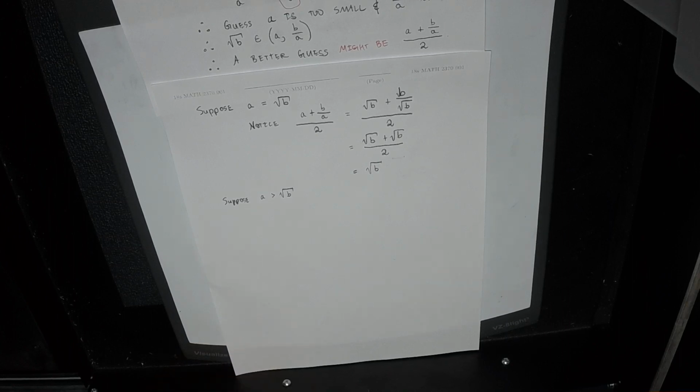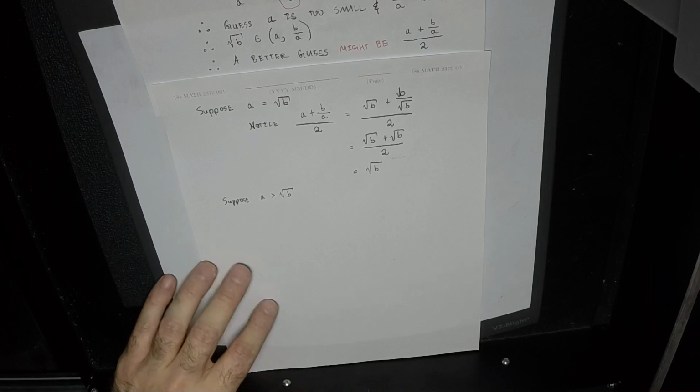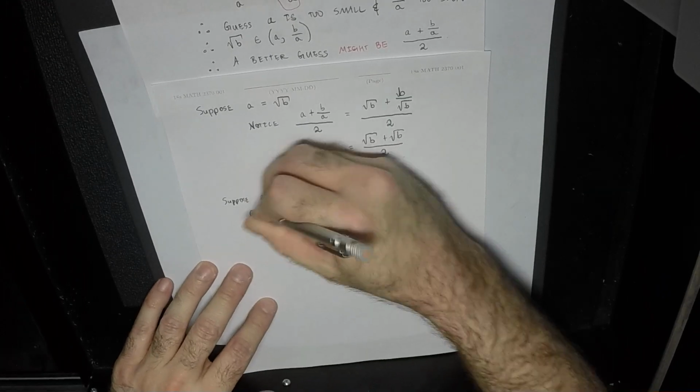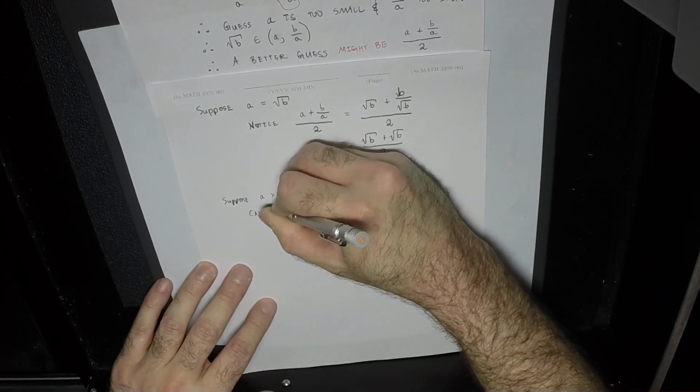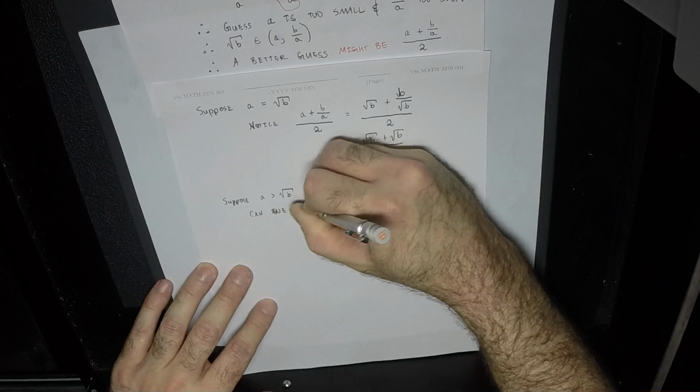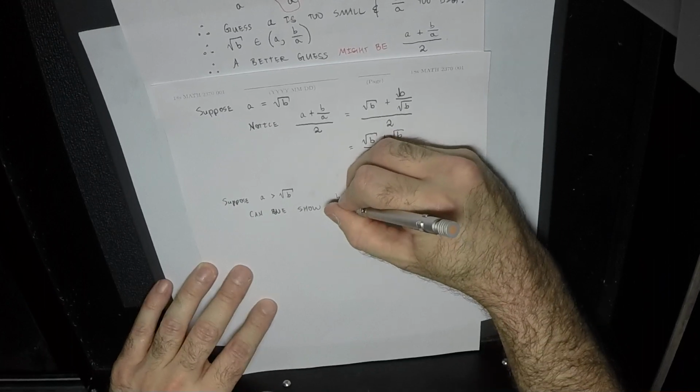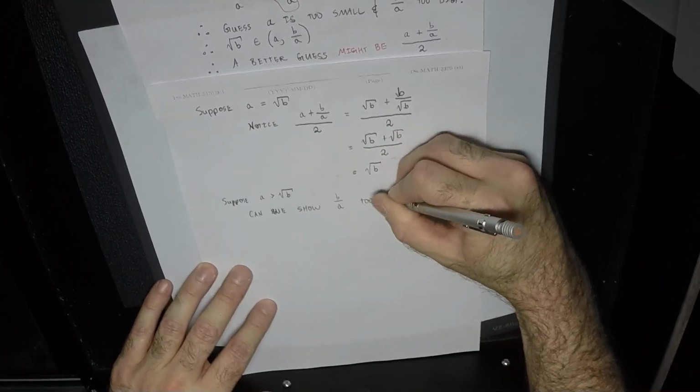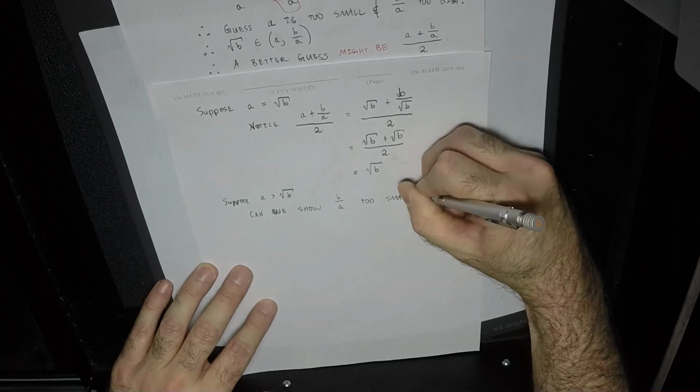Well, if A is too big, let's see if we can establish that B over A is too small. Can we show that? How do we do it?